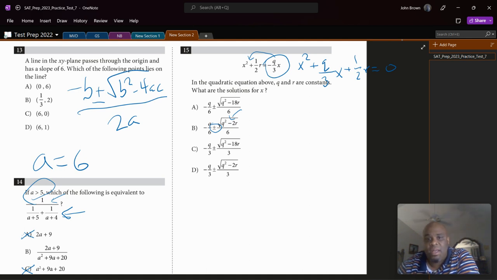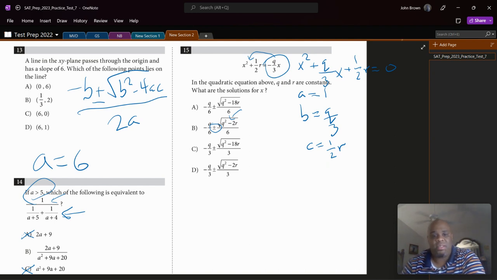So in this case, if I'm going to put things in the quadratic, A equals 1, B equals Q over 3, C equals 1/2 R. It's that whole thing because it's the constant, right?